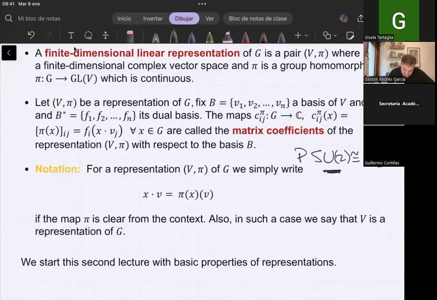What is true is that PSU2 is SO3. What is PSU2? It is the group of unitary matrices of determinant 1 divided by the identity and minus the identity. I forgot that. And this is actually SO3, the group of orthogonal matrices with determinant 1. So he was right.